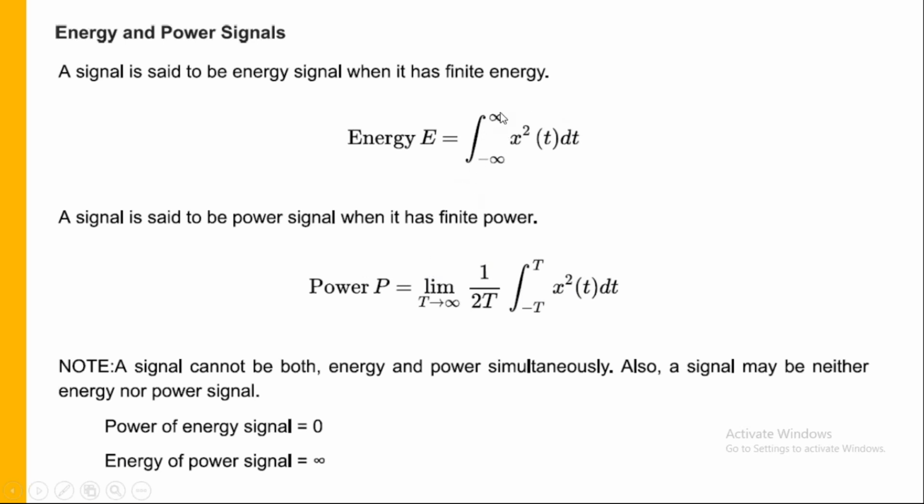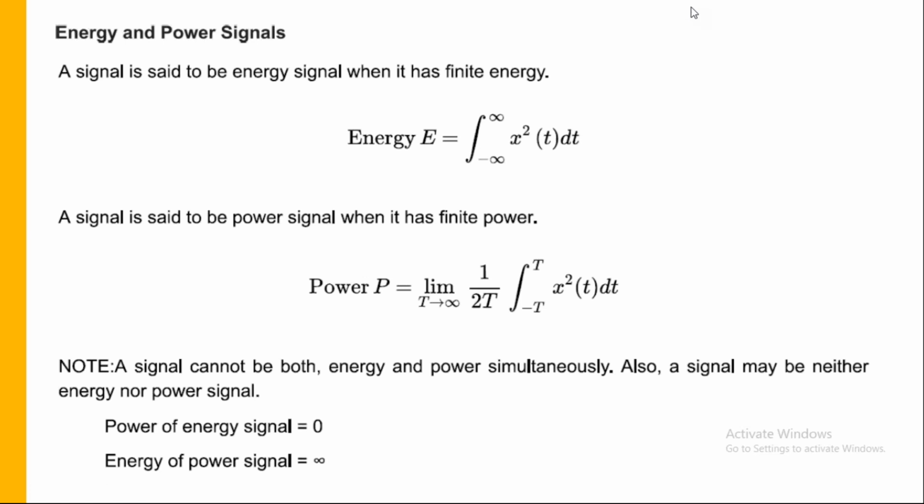Since you are doing the integration from minus infinity to plus infinity, you will get a value which is infinite. So that is how you have this condition. Power of an energy signal is 0, energy of a power signal is infinite.